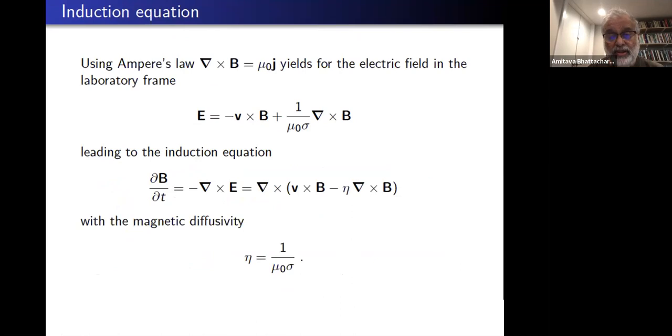I want to get back to the induction equation, because the induction equation is what Dana also told you a fair amount about. And where did that come from? It came from Ohm's law, the ideal MHD Ohm's law that Hannes Alfvén wrote down, E plus V cross B equals 0.